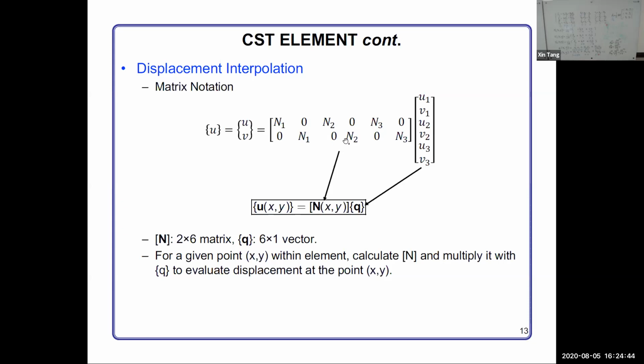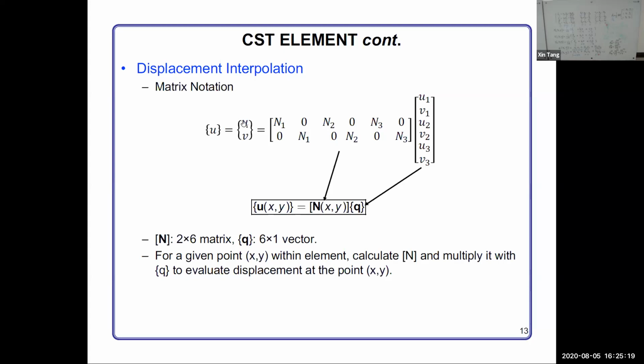So this is a 2 by 6 matrix, 2 rows and 6 columns, times a 6 by 1 matrix, 6 rows and 1 column. 2 by 6 times 6 by 1 results in 2 by 1, so 2 rows and 1 column.